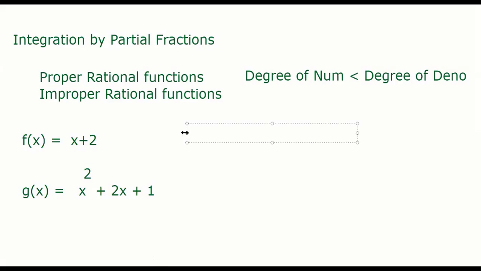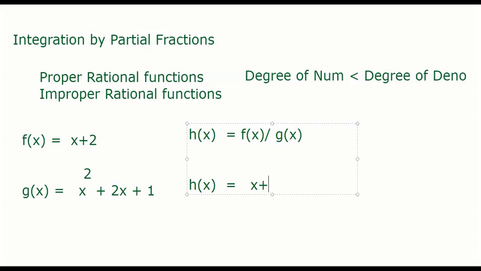Degree of function f(x), 1, is lesser than the degree of function g(x). So if I write another function, say h(x), which is nothing but f(x) over g(x), suppose my function h(x) is x plus 2 over x square plus 2x plus 1.